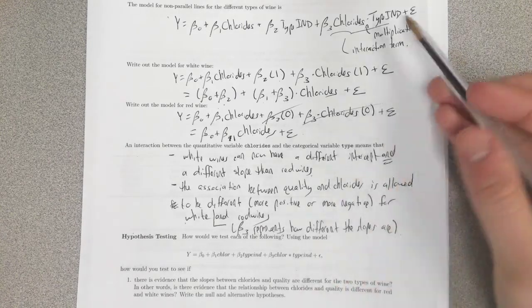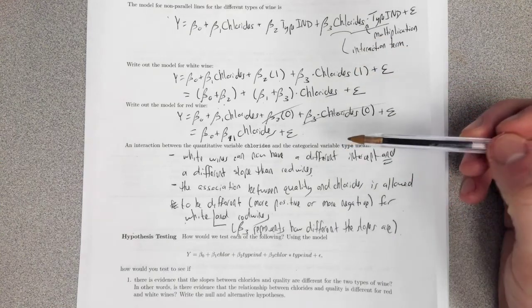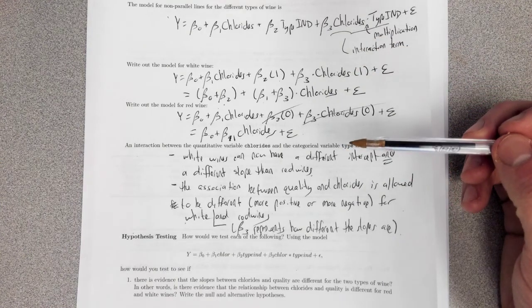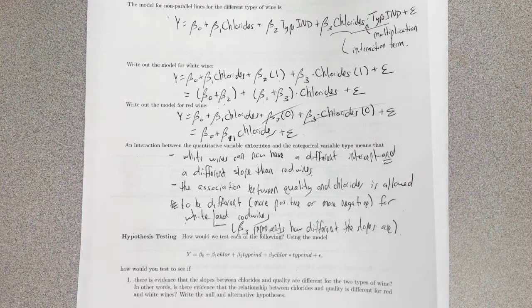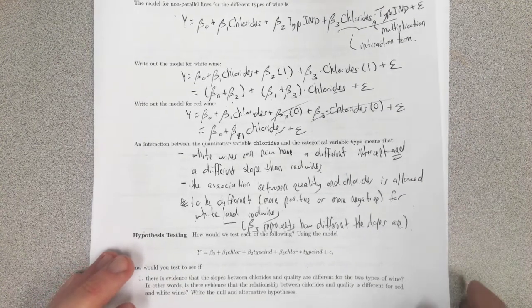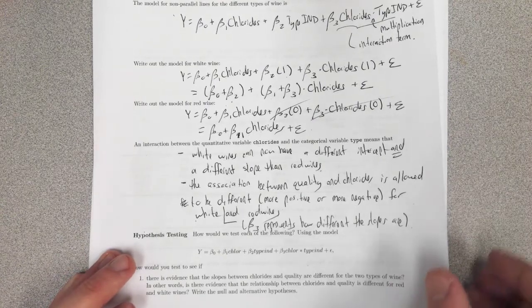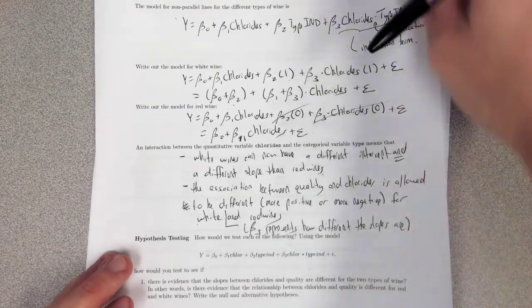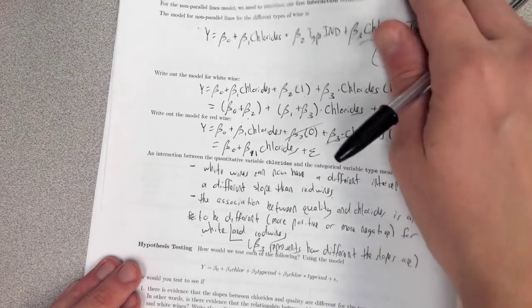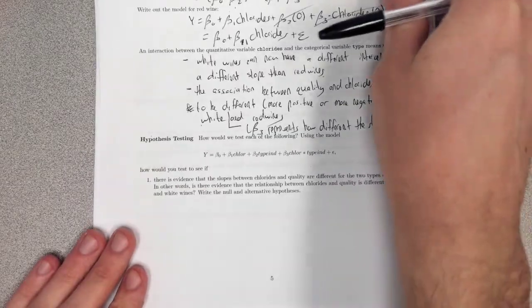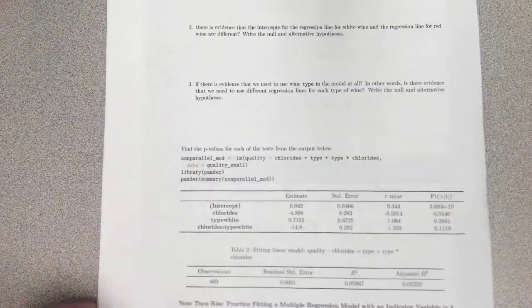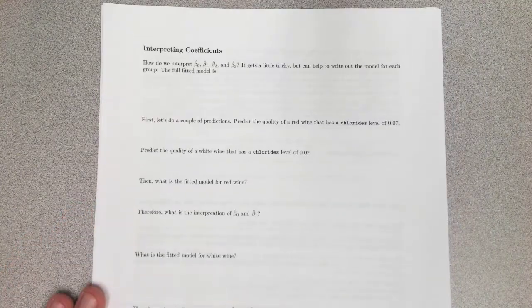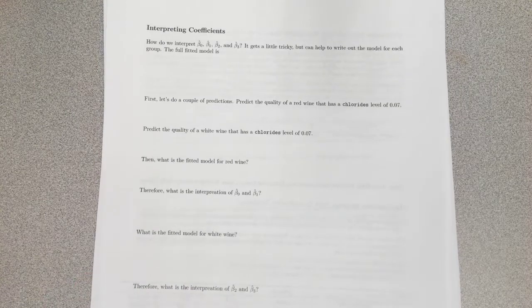And so we're really going to be using a lot of what we already talked about to write those interpretations, but it'll probably be even more clear with some actual numbers from the summary table of output in that non-parallel lines model. We're actually going to skip over the hypothesis testing part. We'll come back to that later and jump to page 7, titled Interpreting Coefficients.